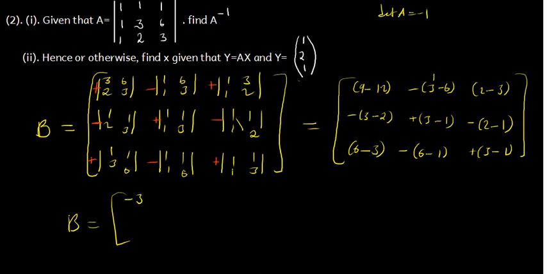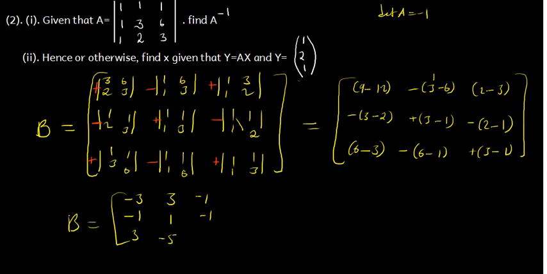And then 3 minus 6, that is a negative 3, but there is already a negative there, so it becomes positive 3. 2 minus 3, that is a negative 1. 3 minus 2, that is a positive 1, but because of the negative there, it becomes negative 1. 3 minus 1, that is a 1. 2 minus 1, that is positive 1, but because of the negative, becomes negative 1. Then 6 minus 3, that is a 3. 6 minus 1, 5, times negative 1, negative 5.